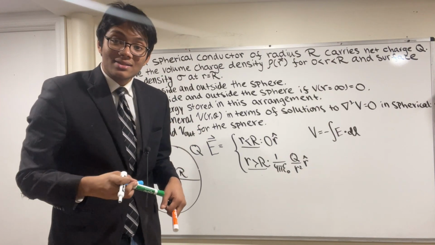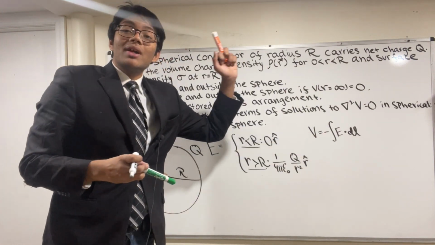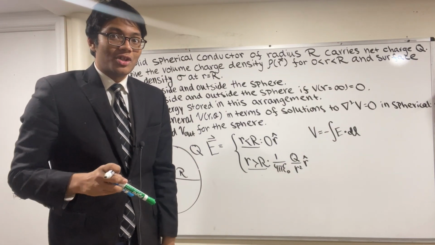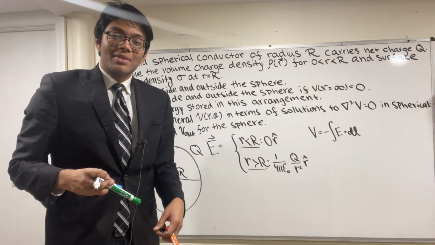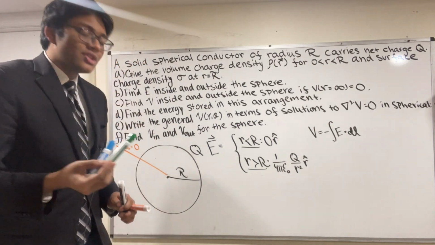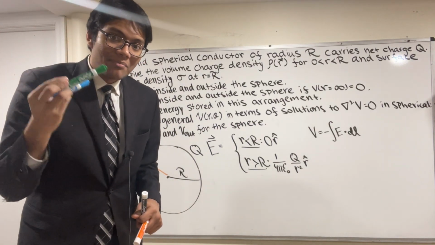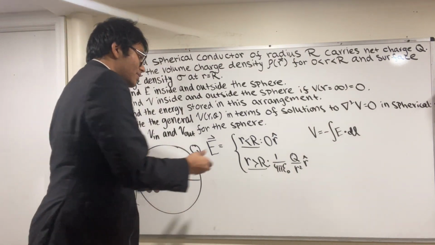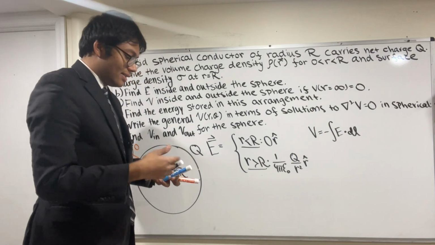To kill that minus sign, we have to multiply it with another minus sign, giving us a positive potential for positive charges. That's the motivation behind that minus sign. It's a mathematical convenience so that the potential for positive charges is positive. Okay, well now we're simply going to have to integrate both of these and negate them afterwards.